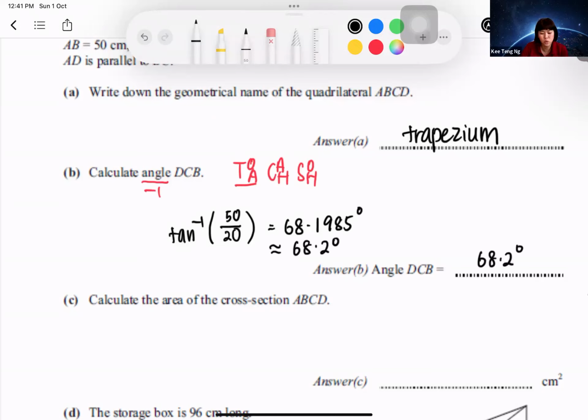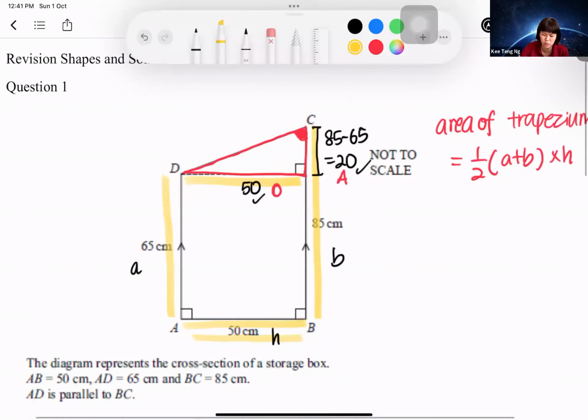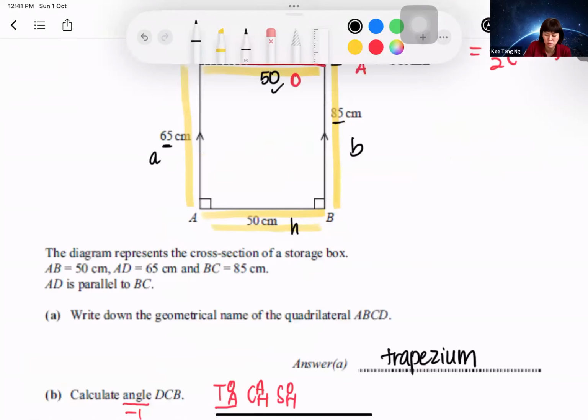Okay, next one, find the area of the cross section. So this whole thing is a cross section, so it's a whole trapezium. So find the area of trapezium. The parallel sides, 65, 85. Height is 50.